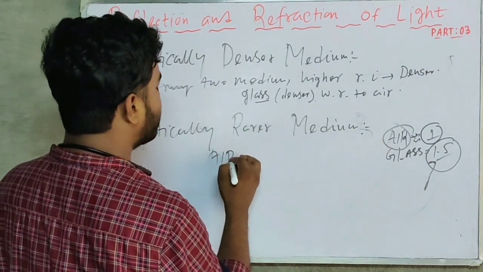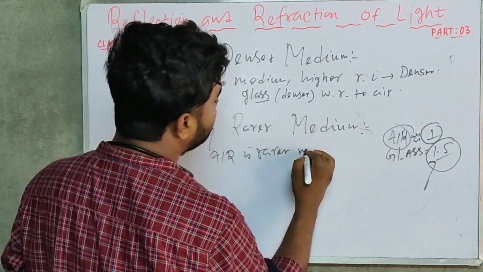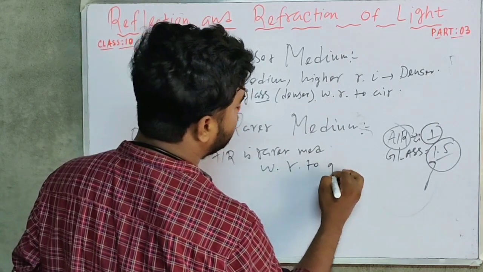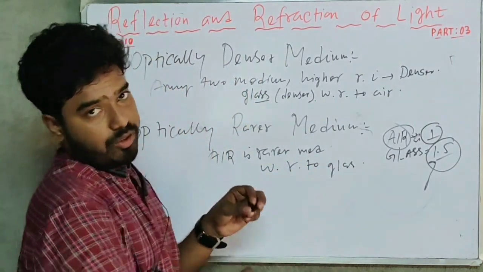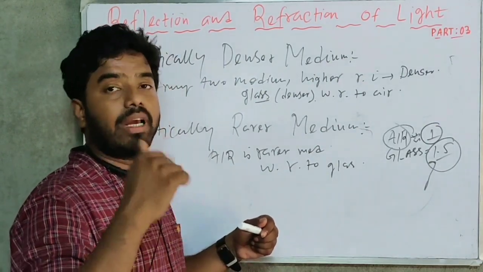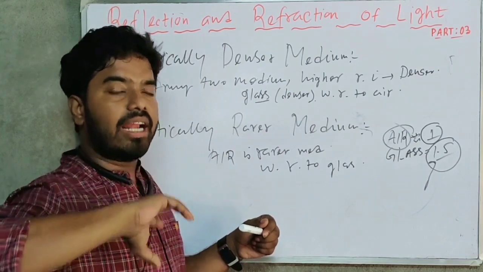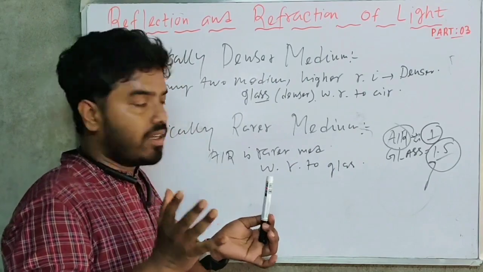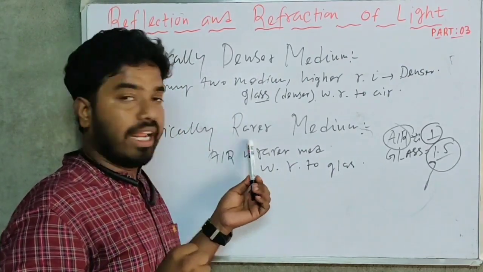So air is the rarer medium with respect to glass. So this is all about medium. Medium is categorized in two categories, optically denser medium and optically rarer medium. The medium with higher refractive index is called denser, and the medium with lower refractive index is called rarer.